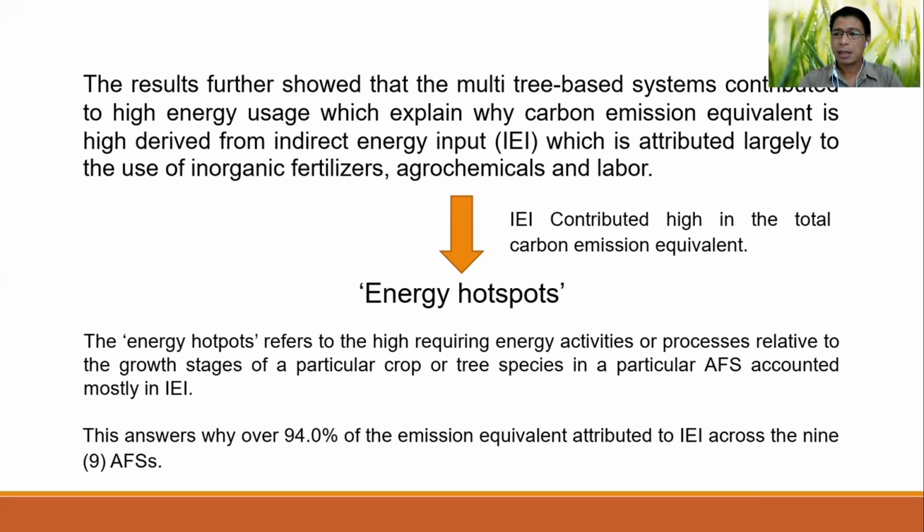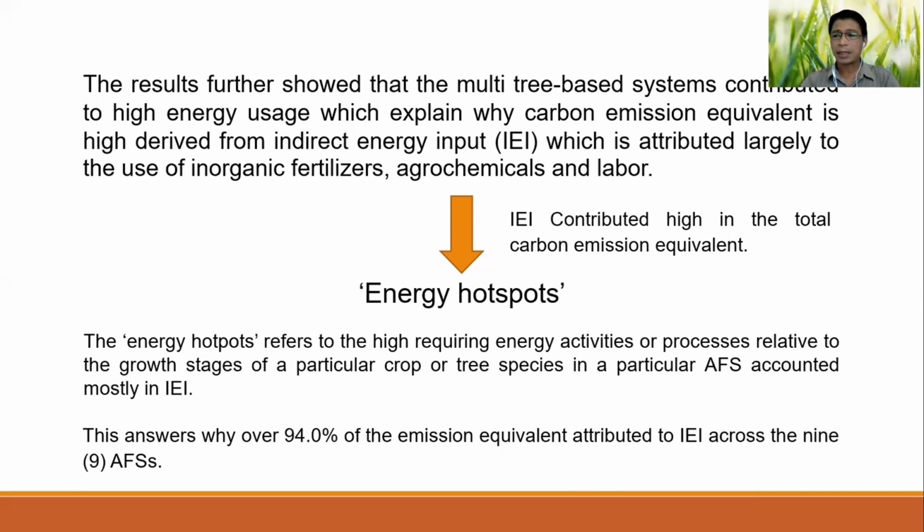This means that the tree-based systems were energy-intensive systems due to usage of nitrogen, phosphorus, potassium fertilizers, or we call these chemical fertilizers or inorganic fertilizers, pesticides, and labor utilized from crop establishment to harvest and post-harvest operations, hence contributed high in the total carbon emission equivalents.